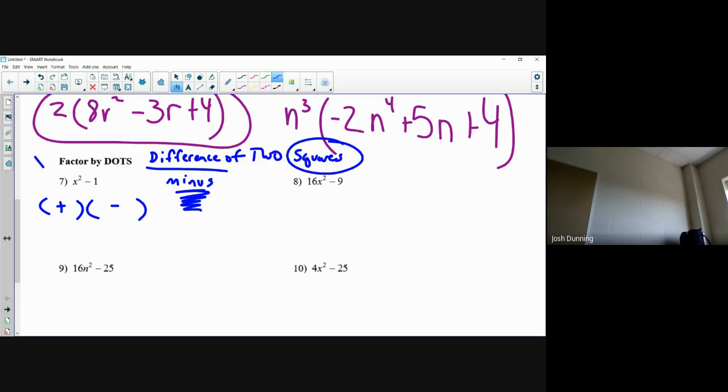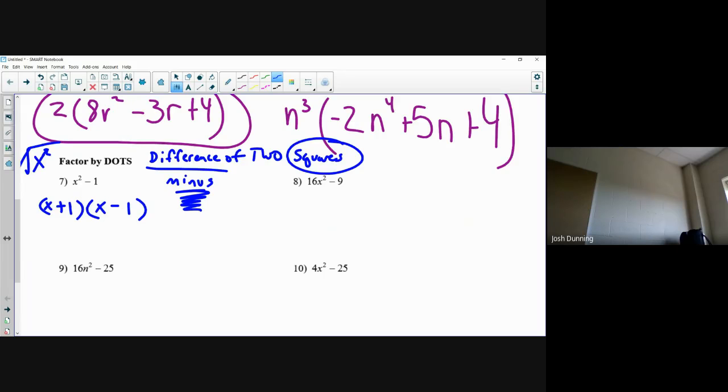Well, square root of x squared, squaring and square rooting cancel each other out, so that's x. Square root of 1 is 1. That's it. That's the answer. This is really, really easy after people get it. If they remember it, it's really easy.